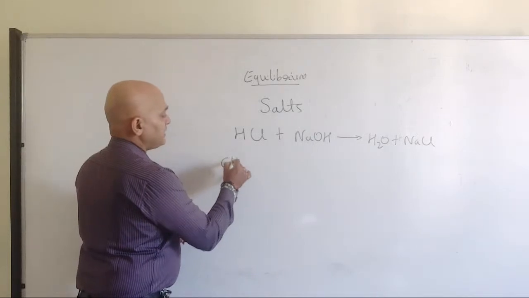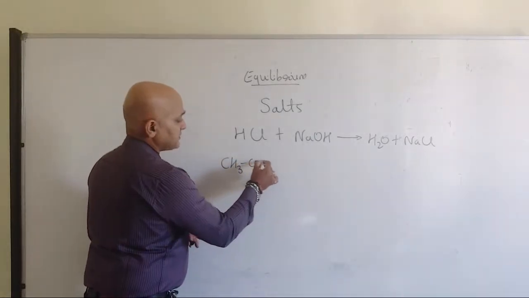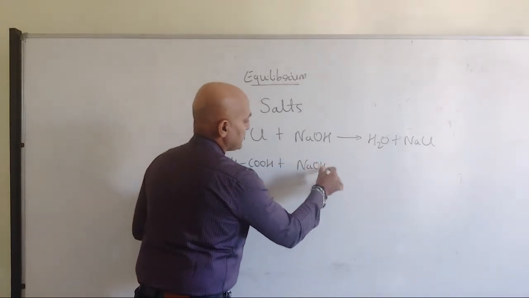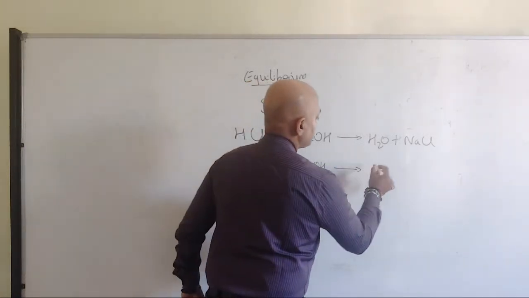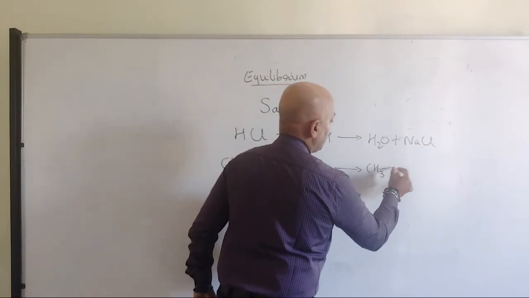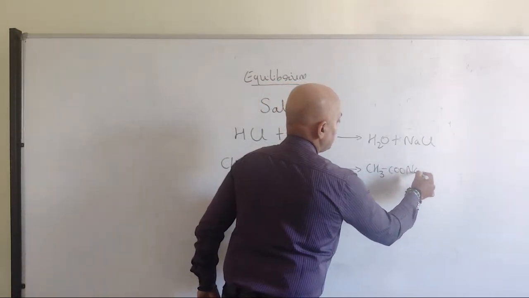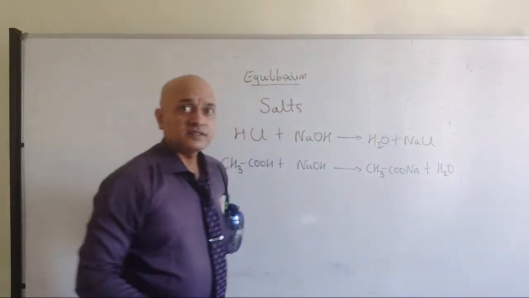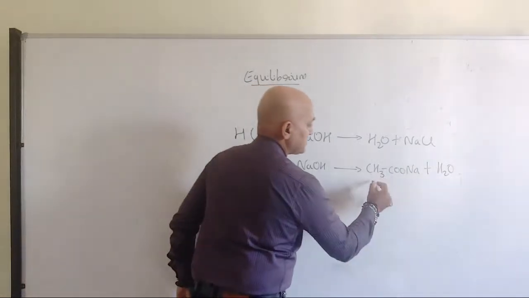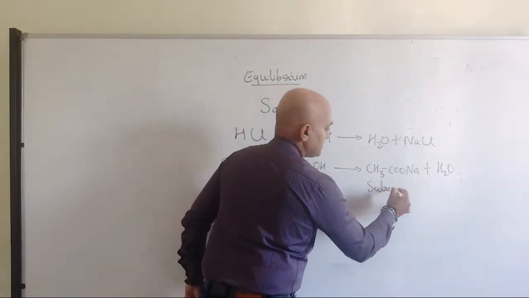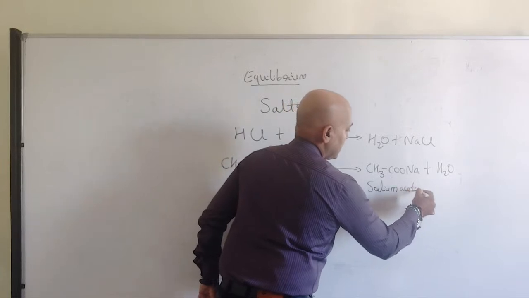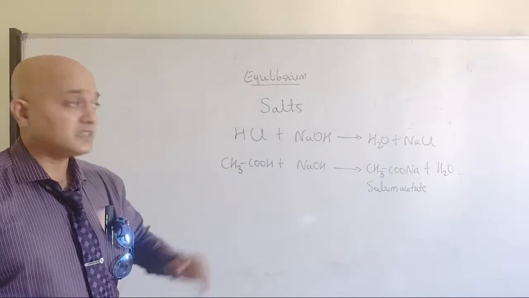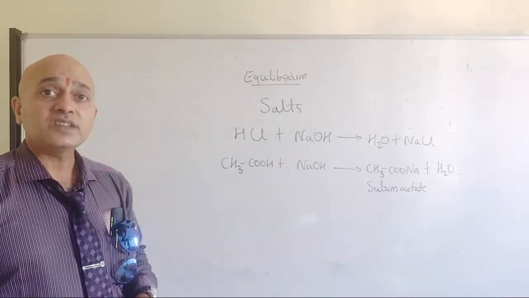For example, if I take acetic acid and treat it with sodium hydroxide, a strong base, there will be formation of sodium acetate plus water. So this is nothing but sodium acetate, another example of a salt.